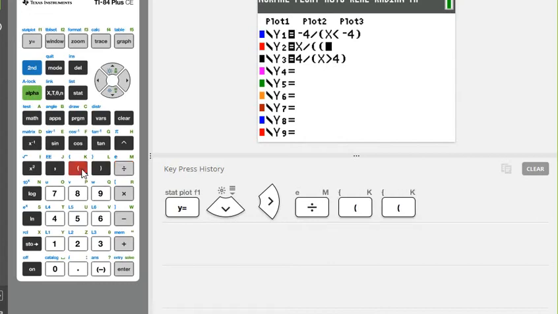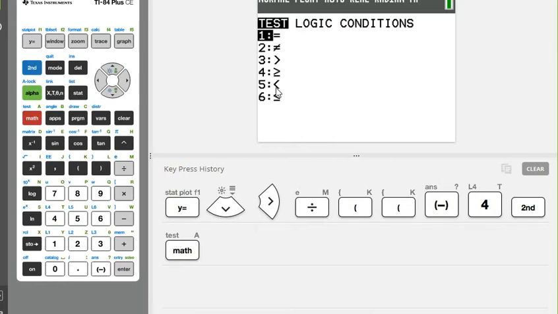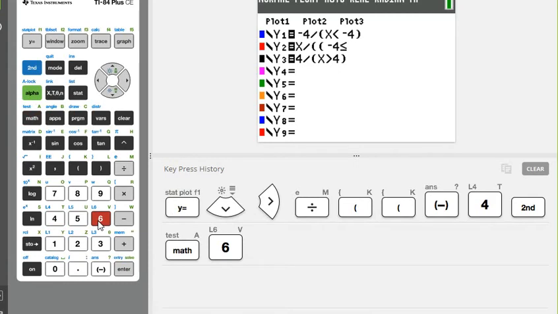The first one is that I want -4 to be less than or equal to x. So -4, and then the less than or equal to I'm going to find off the test menu. So second, and then math. The less than or equal to is the 6, and then x. So that's part of it.